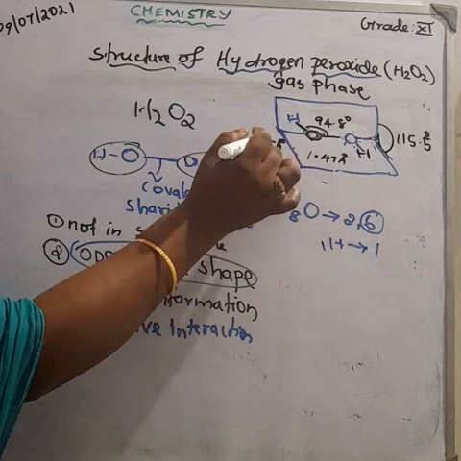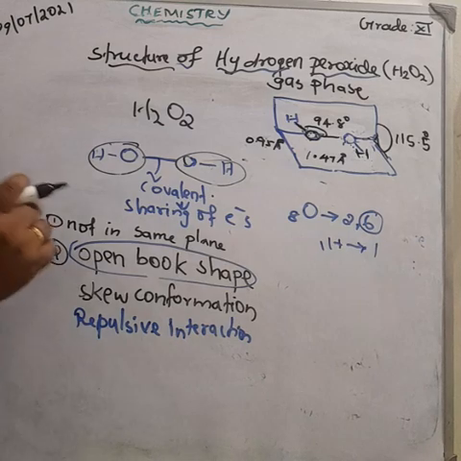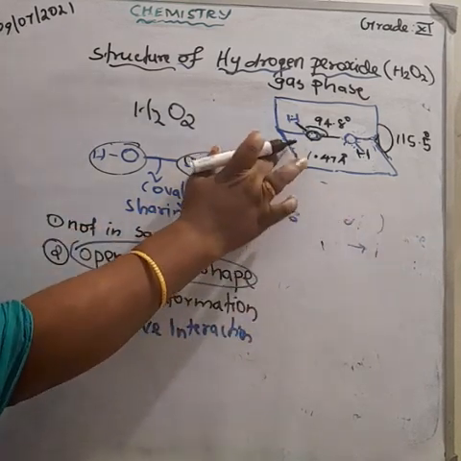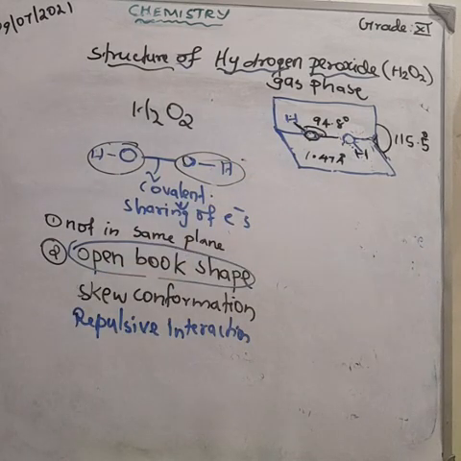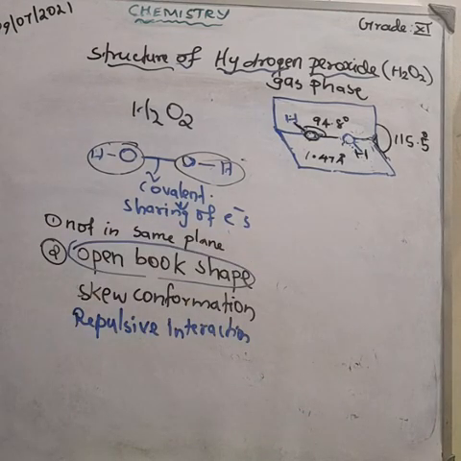This is the structure of hydrogen peroxide in gas phase. In the solid phase, the angles differ slightly because of hydrogen bonding. So what about the structure of hydrogen peroxide in solid phase?